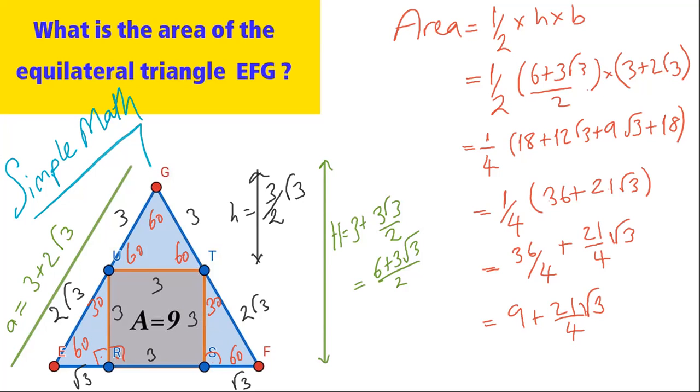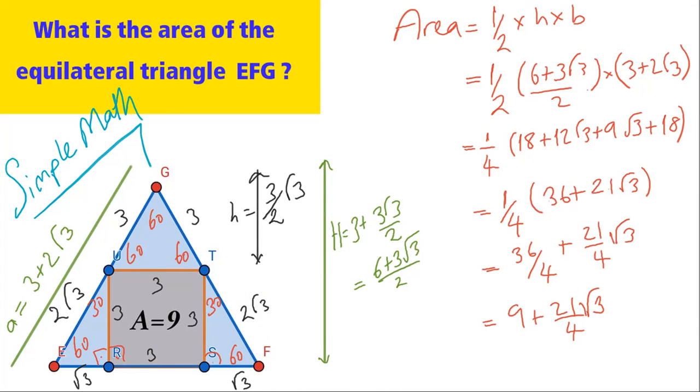So using the special 30, 60, 90 degree right triangle, the side opposite 60 is root 3 times the side opposite 30. So what number times root 3 is 3? Which is root 3, and the hypotenuse is twice this side, so this is 2 root 3.